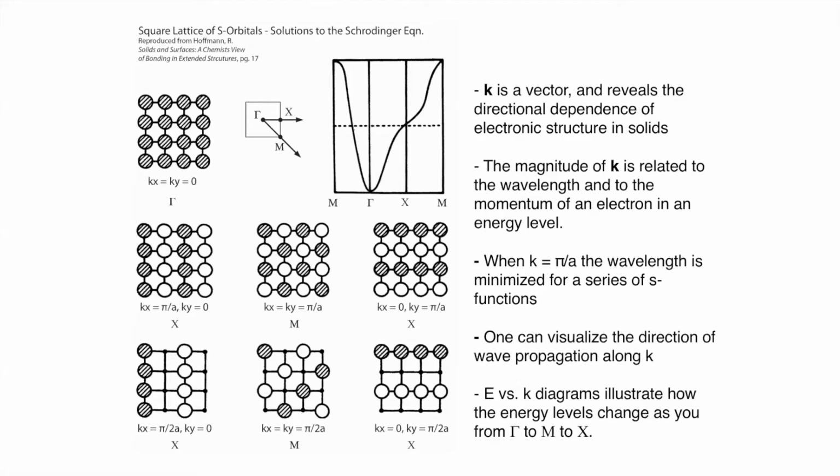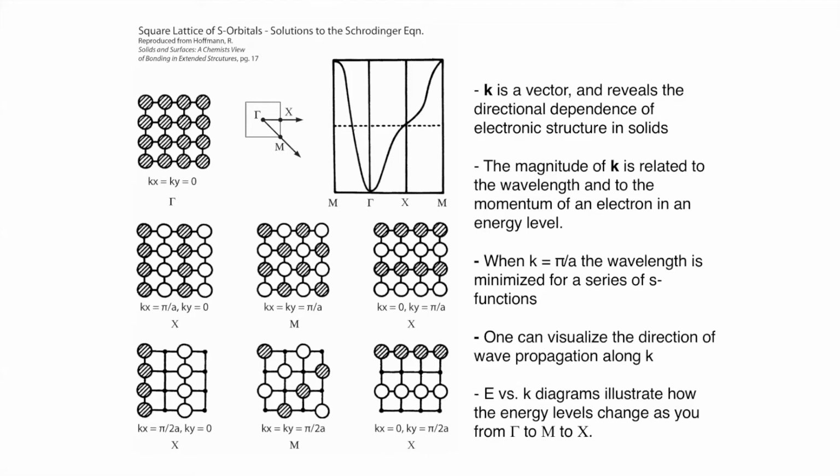So you can see down there in the pi over 2a solutions, the wavelength is twice as long as the pi over a solutions. And so the energies are going to be related to that wavelength, okay? Right, when k equals pi over a, the wavelength is minimized for s orbitals.